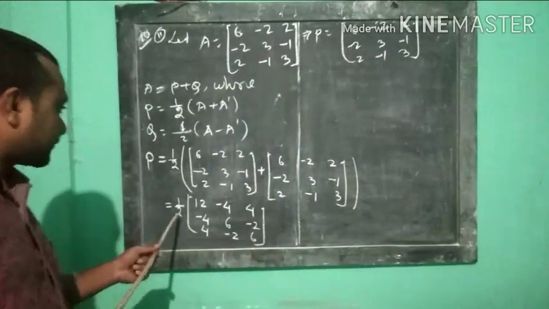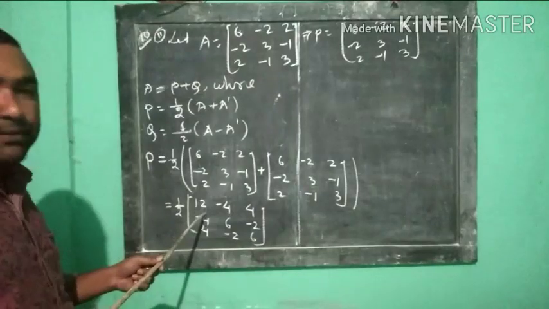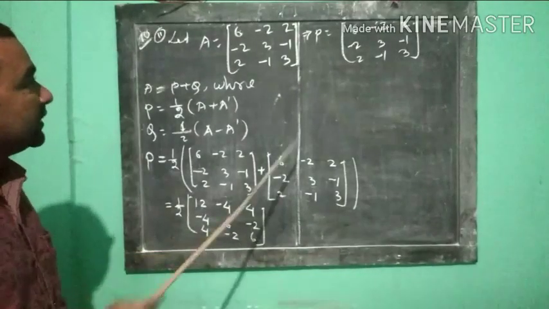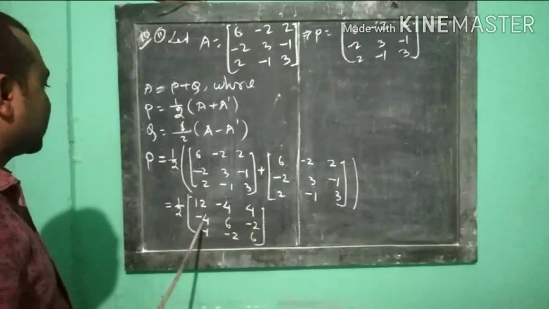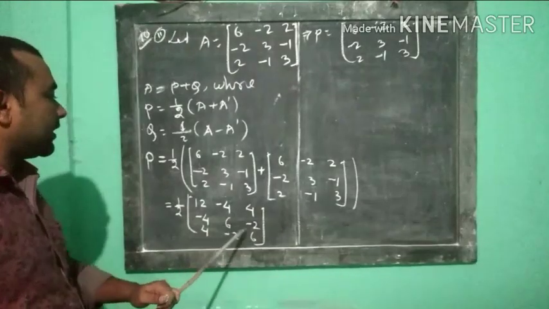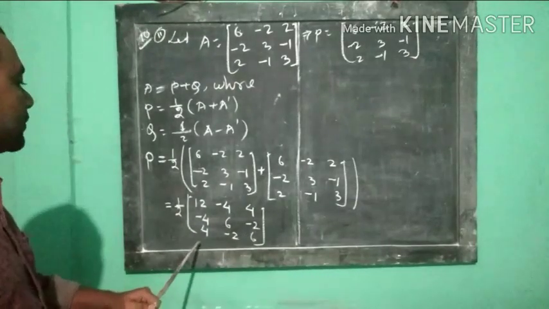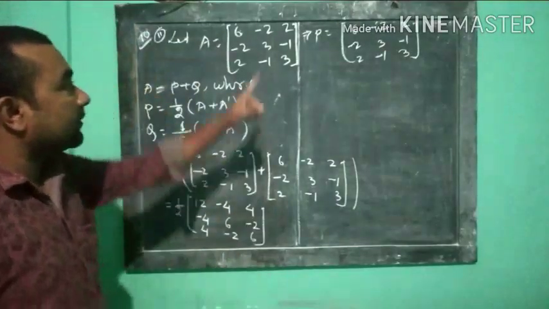So if we divide each element by 2, this is 6, minus 2, 2, this is minus 2, 3, minus 1, and this is 2, minus 1, 3. So we get the value of P.